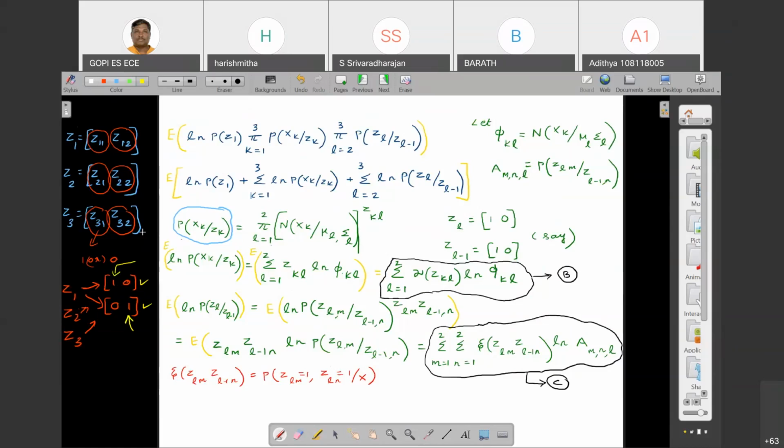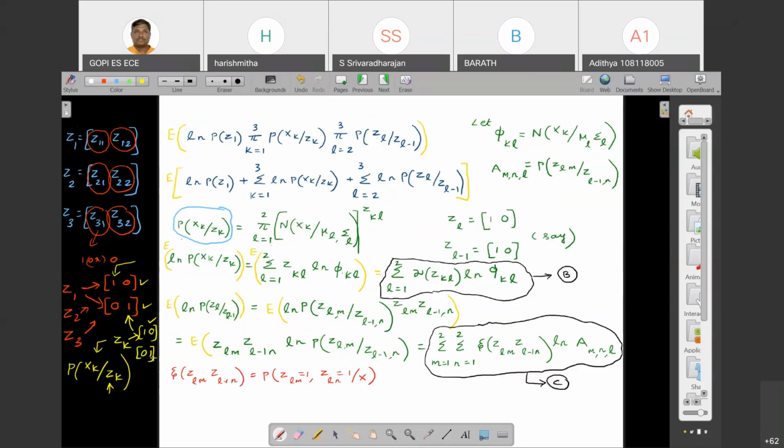Now, what is the probability of xk given zk? Being in a state zk, what is the probability that the vector xk is getting generated from it? We know that xk can be generated from either state 1 or state 2. Suppose k could be 1, 2 or 3, so let me put it as zk. Again, zk can take either 1, 0 or 0, 1. If zk takes the value 1, 0, it means xk is getting generated from state 1.